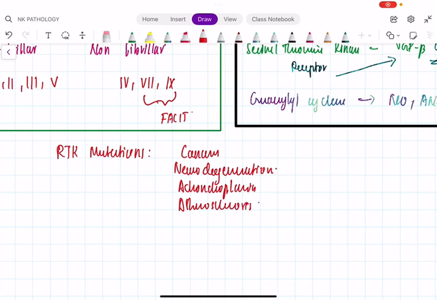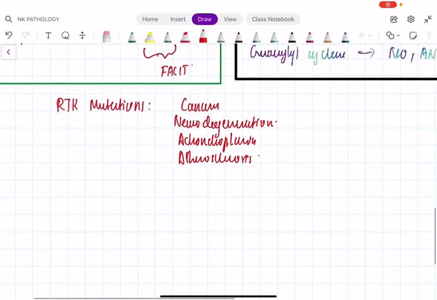These are the various conditions associated with receptor tyrosine kinase mutation. So with that, I have covered the points that you may miss during your reading of chapter 1.